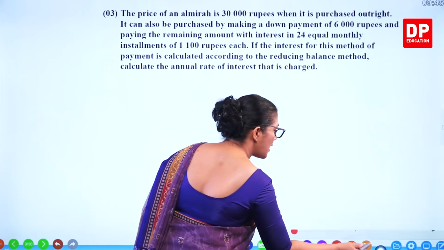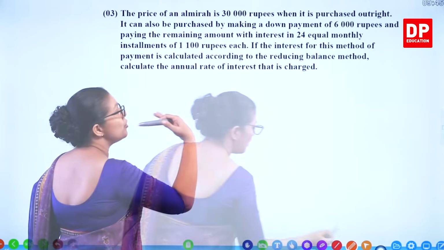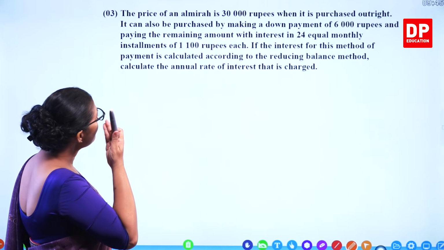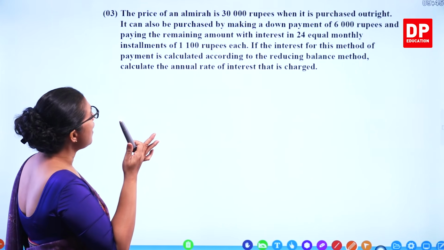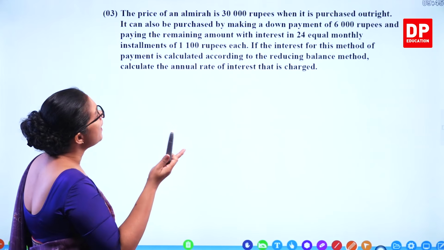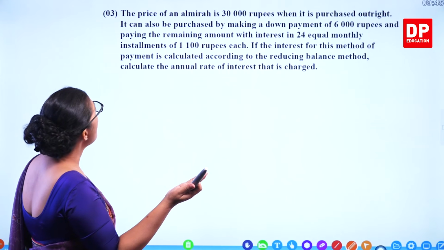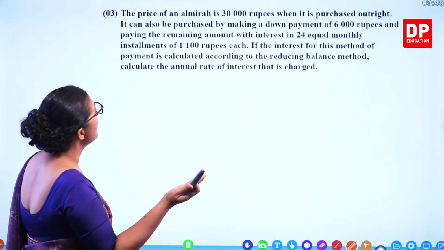So we'll do step by step. You need to know the steps to find out the final answer. So first you can find out, after you paid 6,000 rupees, what's the remaining amount that you have to pay.